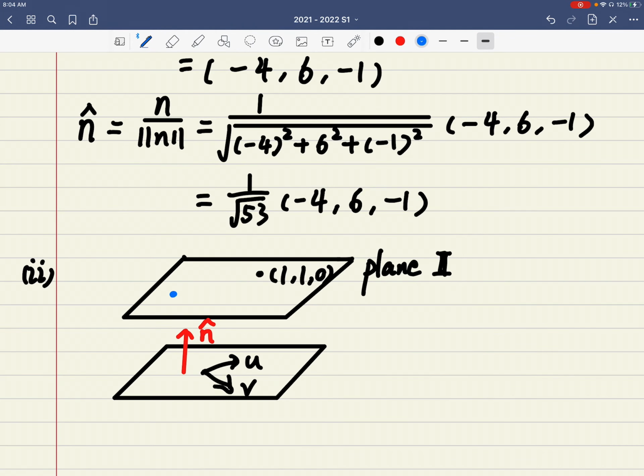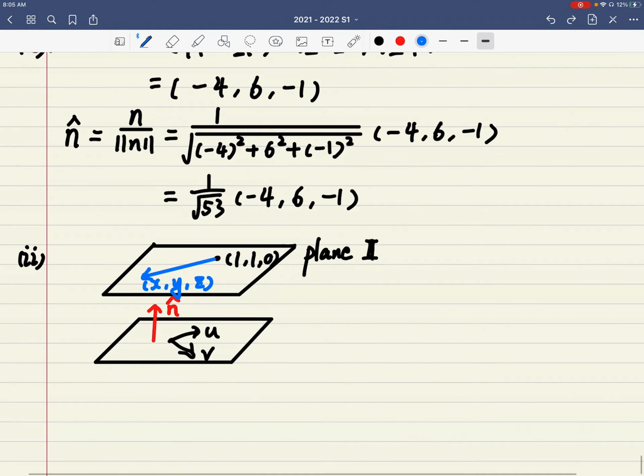So here, I just pick a random point on the plane. Its coordinate is XYZ. And now I have a random vector on the plane as well, because from this point 1, 1, 0 to the point XYZ, this is a random vector on the plane. This vector is x minus 1, y minus 1, and z minus 0.